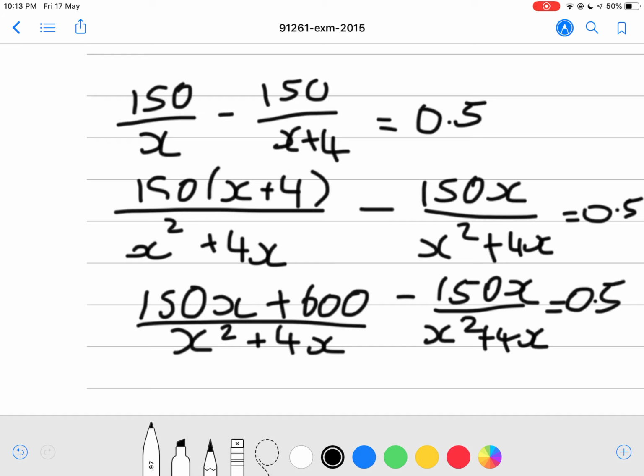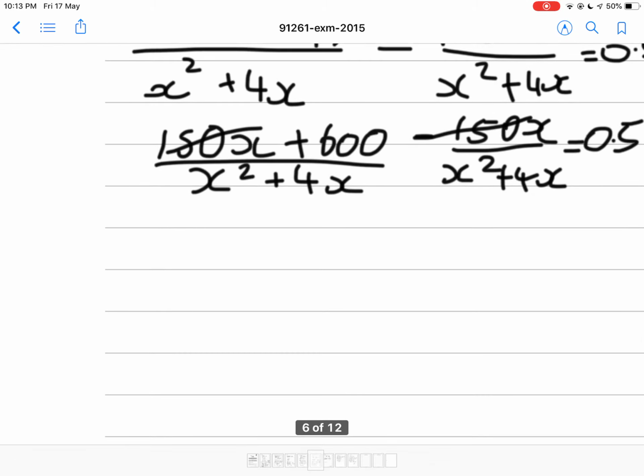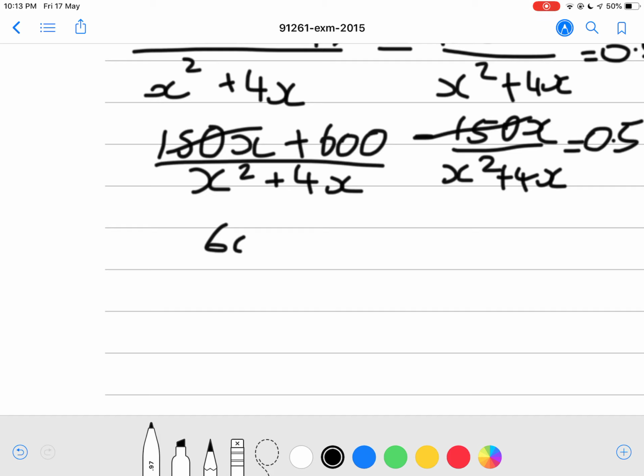So now you can see that 150x minus 150x, that's both cancelled out. Okay, so that's basically gone. So therefore we can just say 600 divided by x squared plus 4x equals to 0.5, okay? So now we should move the x squared plus 4x to the other side.